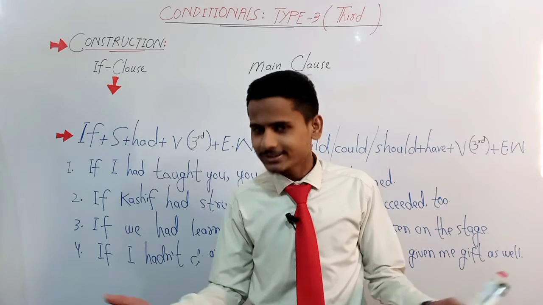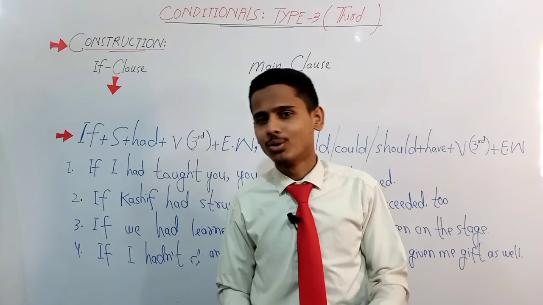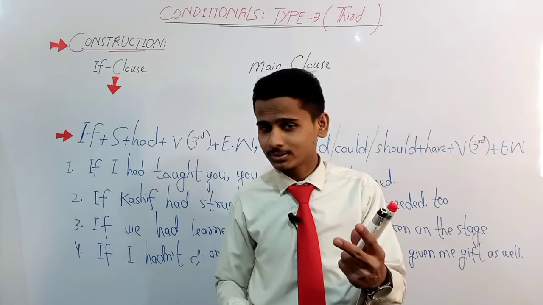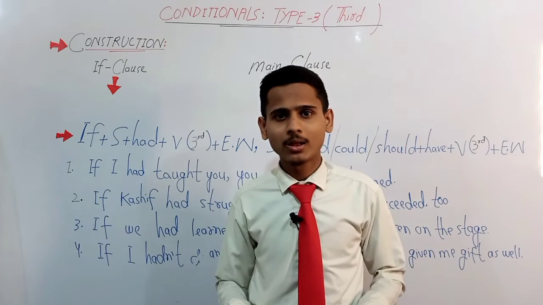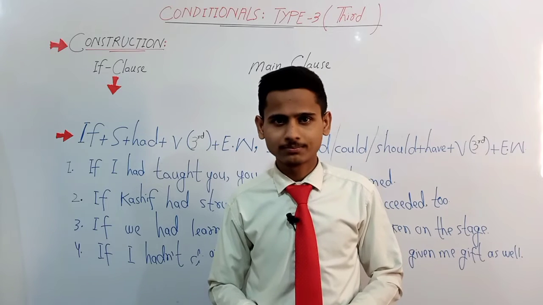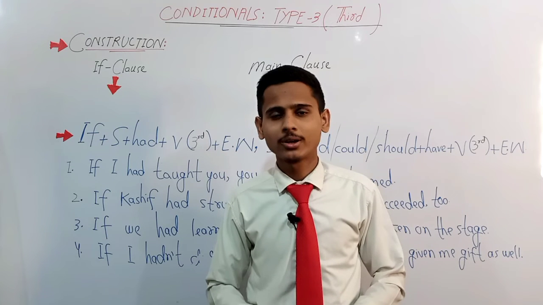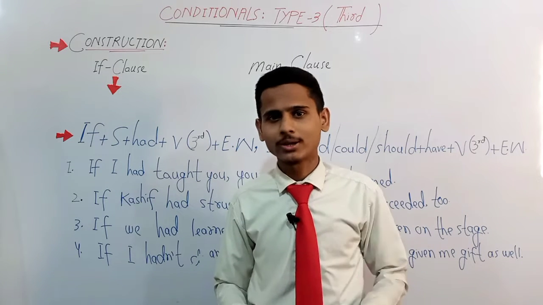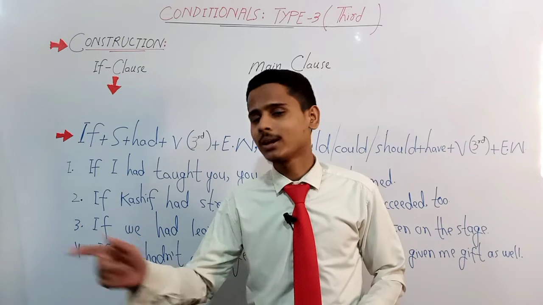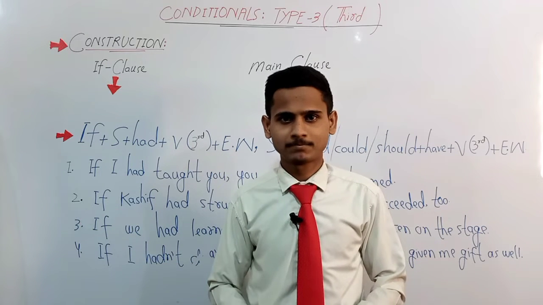This condition is known as unfulfilled. The second conditional type that we did is known as imaginary or hypothetical, while the first conditional type is known as open condition. Here we are discussing unfulfilled conditionals.